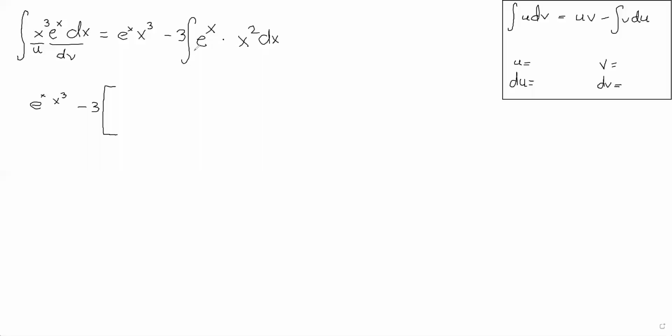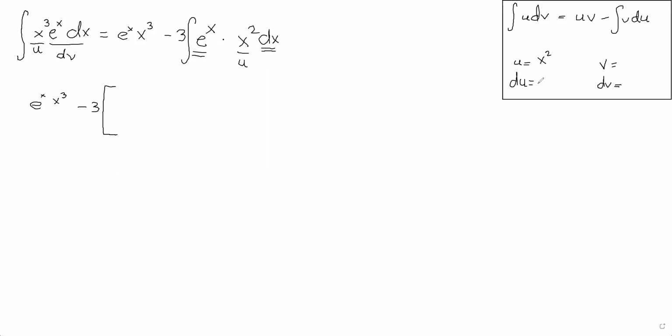Between these two, e to the x and x squared, x squared is the one that gets simpler when you take the derivative. So let's have this be u. And naturally, everything that's not part of u is going to be dv, which means this dx is also going to be part of dv. So the double underlines are part of dv. The single underlines are part of u.